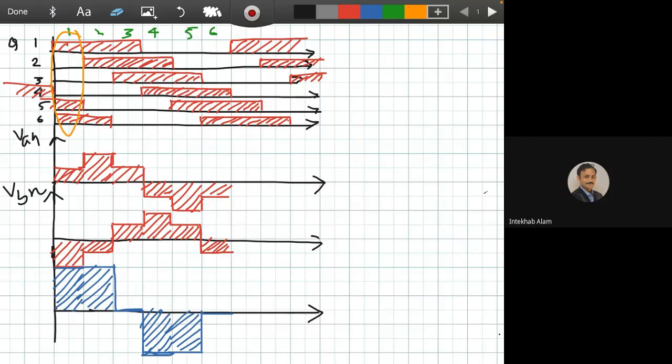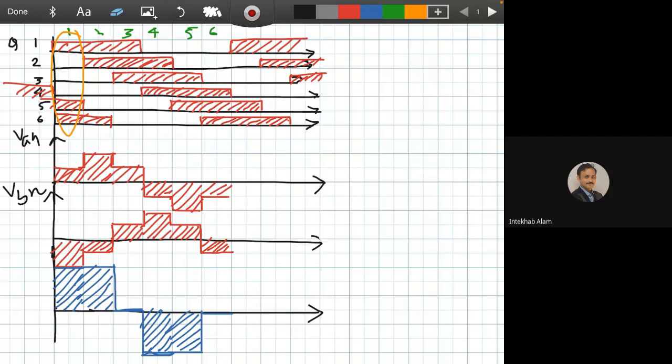In mode 6, which switch will remain on? Which switches? So switch 4, 5, 6. Exactly. 4, 5, 6. And 5 is the upper bank switch, and 4 and 6 are the lower bank switches. Okay.